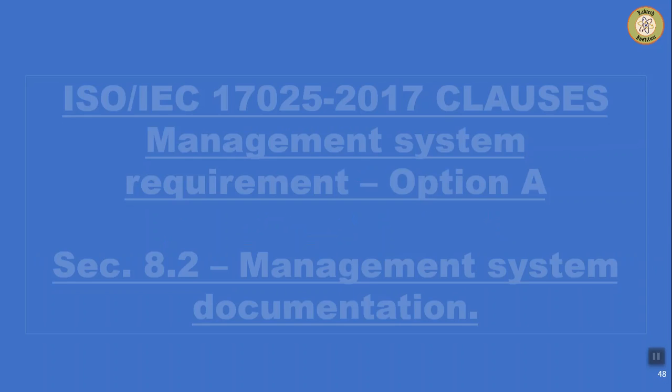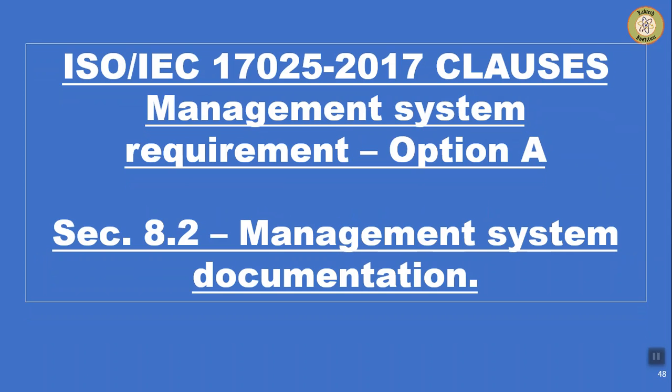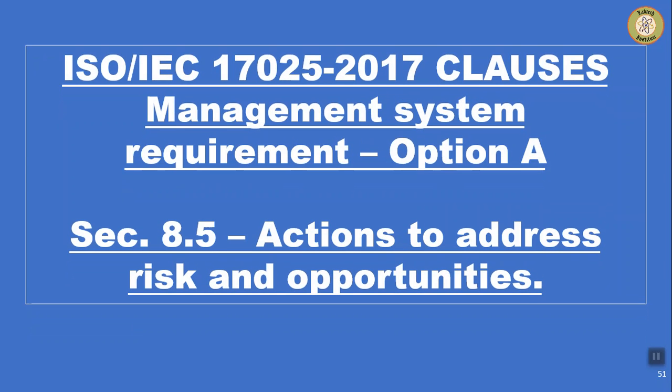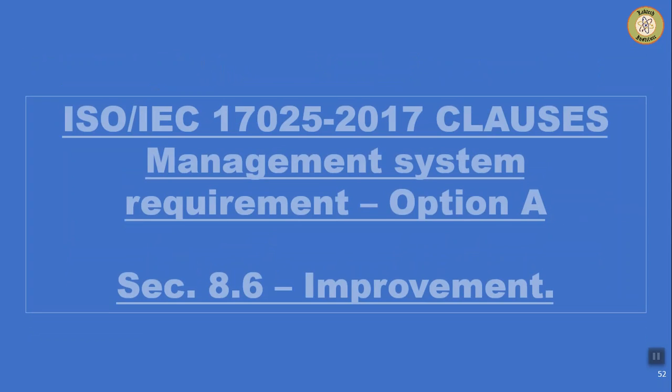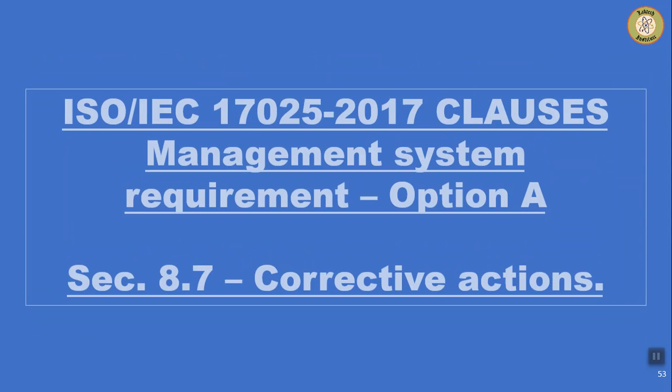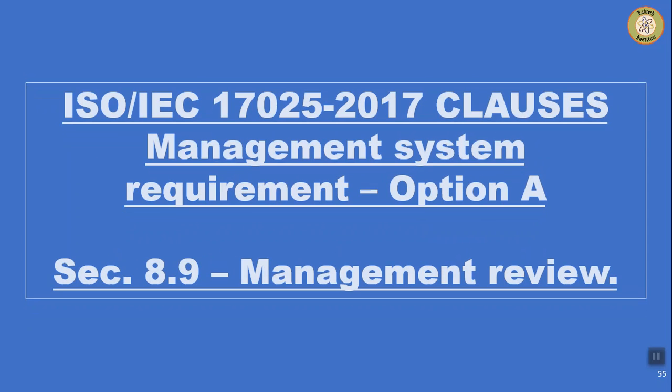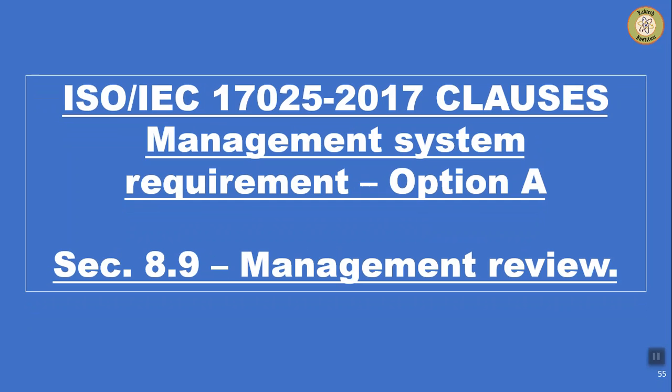So in option A, you can have management system documentation, then control of management system documents, then control of records, then actions to address risk and opportunities, then improvement, then corrective actions, internal audit, and finally management review. In this entire management system requirements, there is no need for a documented procedure in option A. So that is a massive simplification of your documentation requirement.